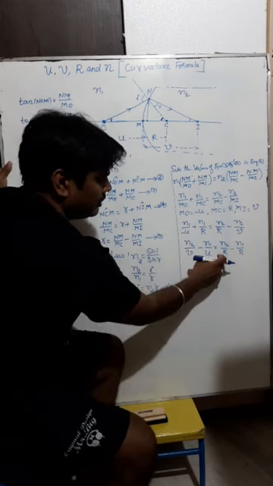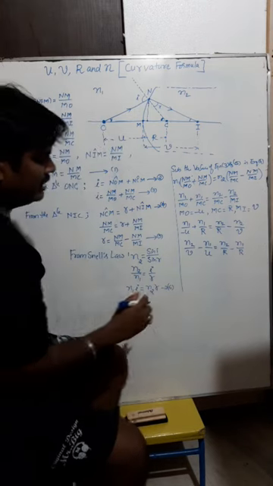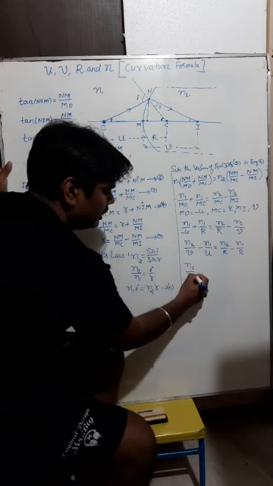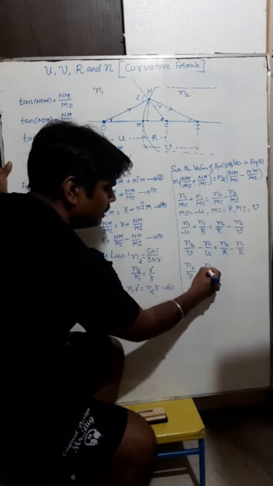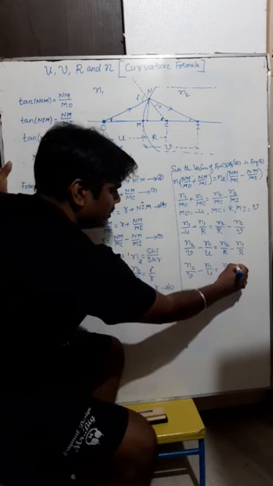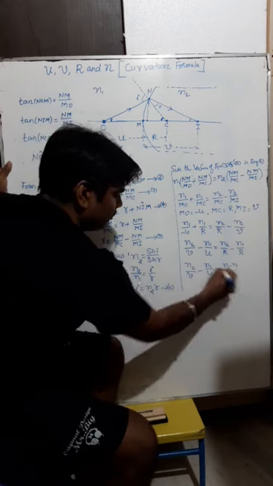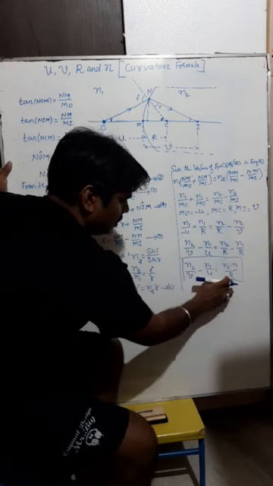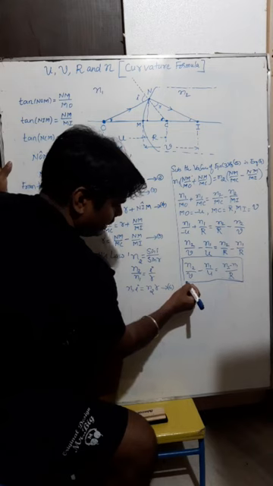Now R is a common factor, we take it out. The final equation becomes N2 divided by V minus N1 divided by U is equal to N2 minus N1 divided by R. This is the final equation of this derivation, right?